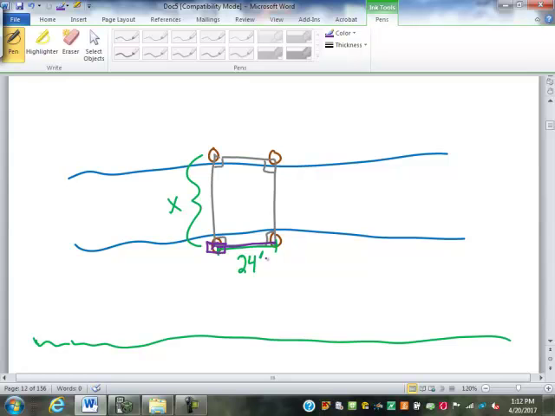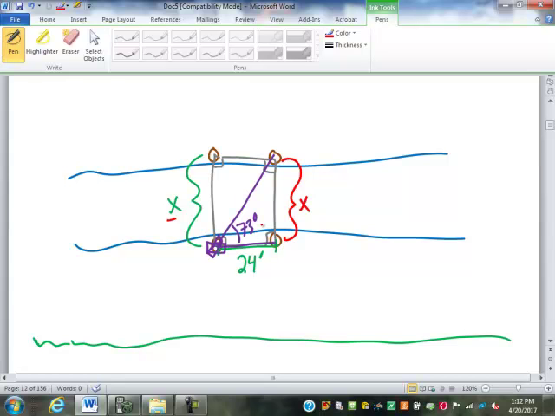Then you turn it this way, shoot it here, and you come up with this angle as 73 degrees. Now, of course, this x over here is going to be the exact same as this distance, because opposite sides of a rectangle should be the same length.